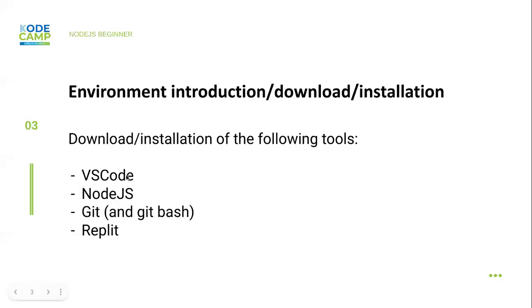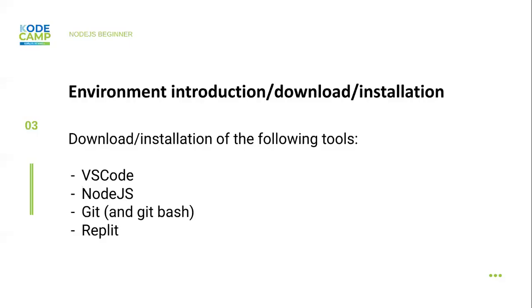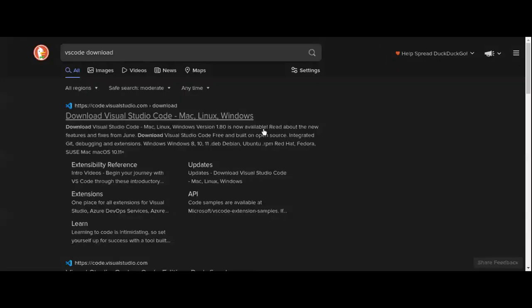Okay, so I talked about how you install VS Code, and for people that were not in that class, I'm going to do it again. So let me share that particular tab. If you want to download VS Code, you can just search on your search engine.